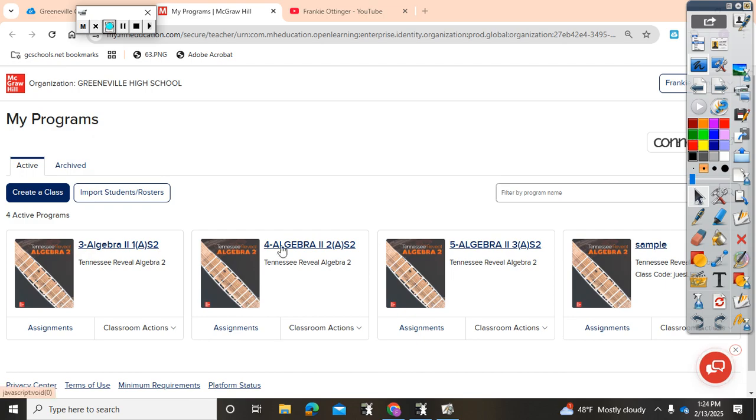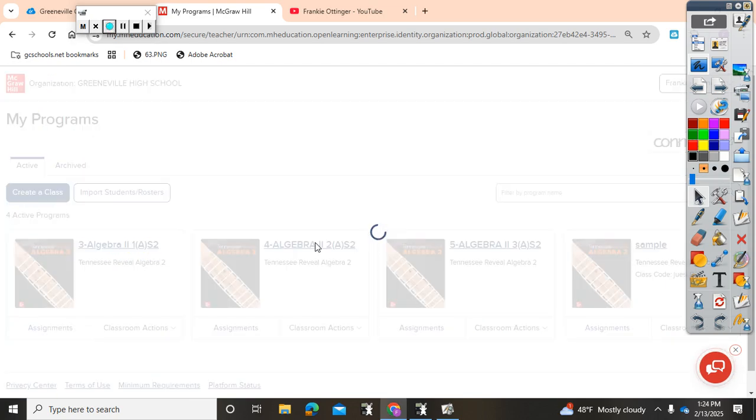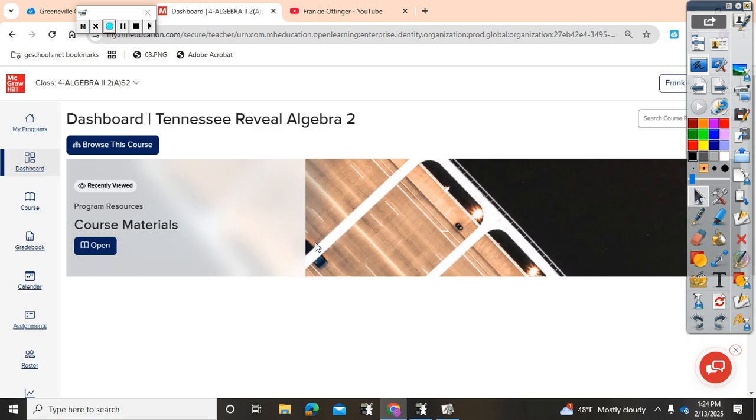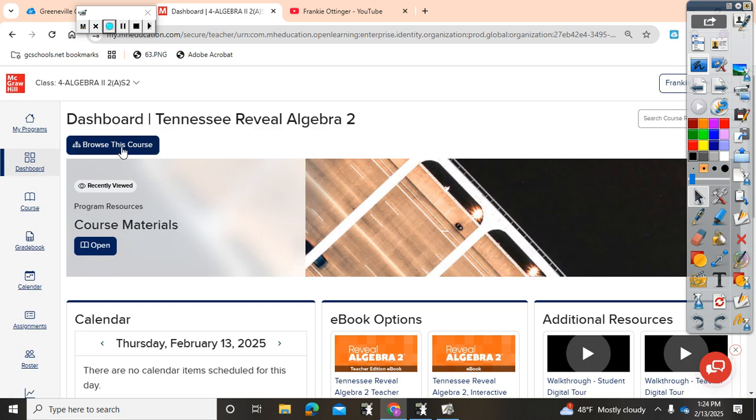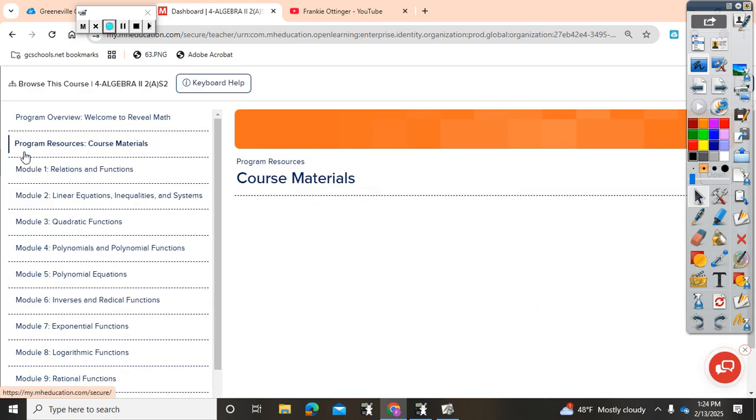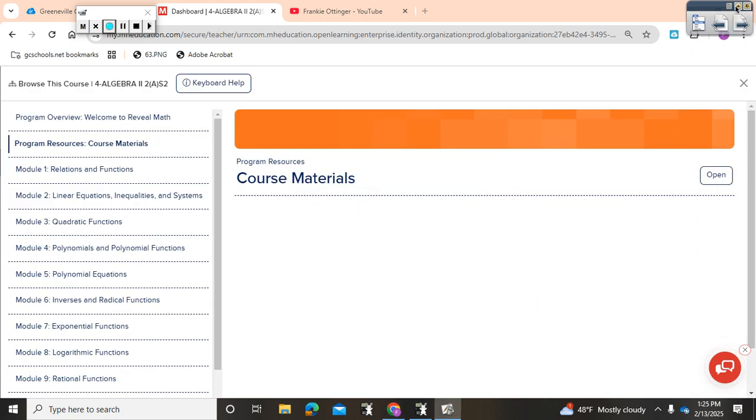You'll click on your appropriate class period and wait for it to download, but somewhere like Browse Courses, Program Resources, select Open.